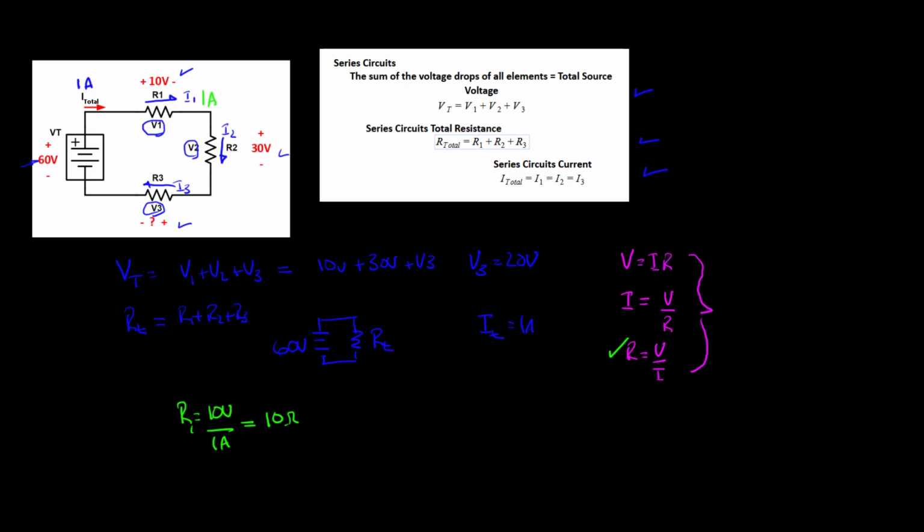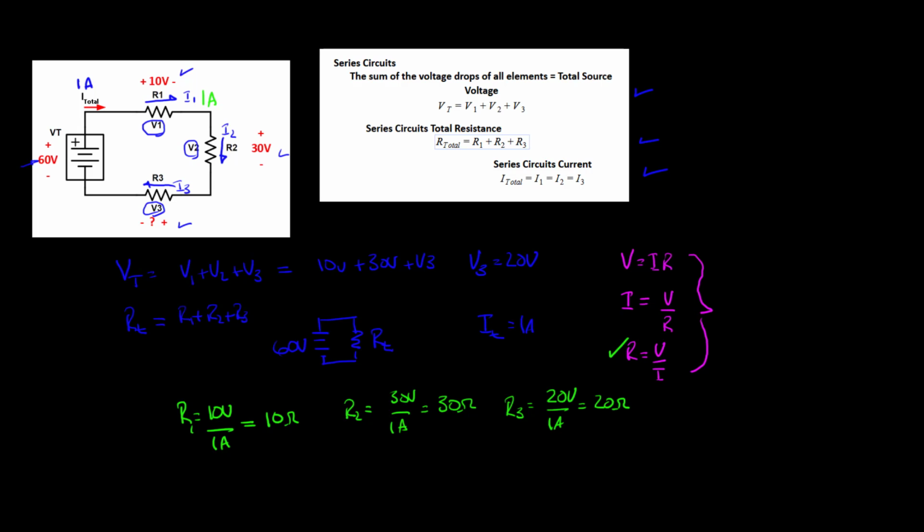That's R1. Similarly, R2 is equal to 30 volts divided by 1 amp, which equals 30 ohms. And R3 would be 20 volts divided by 1 amp, or 20 ohms.